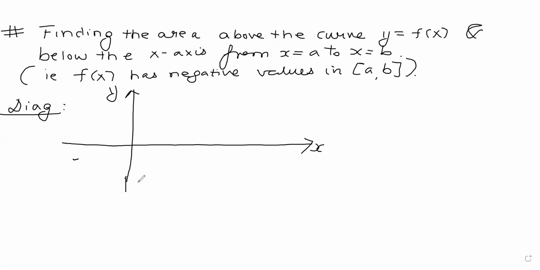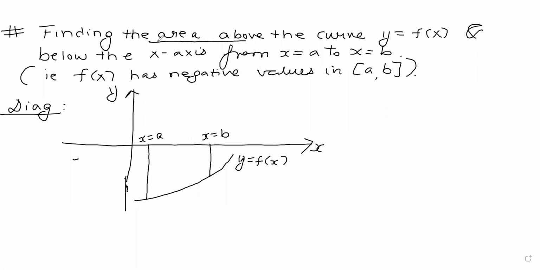So this is my curve y equal to f of x. And suppose this is my value x equal to a. This is my value x equal to b. So now we have to find the area above the curve and below the x-axis from x equal to a to x equal to b.